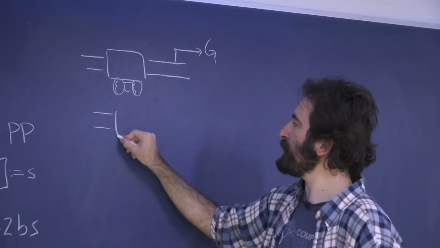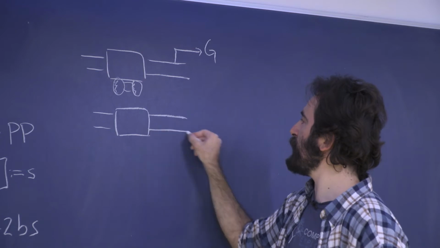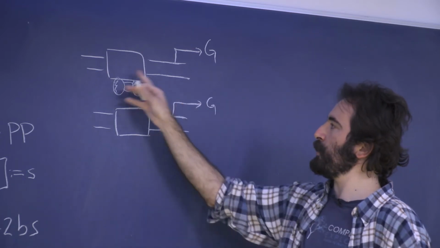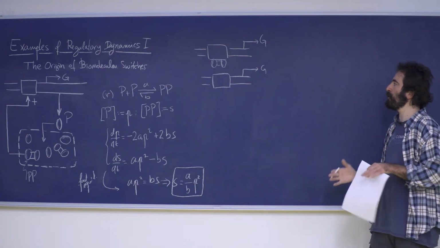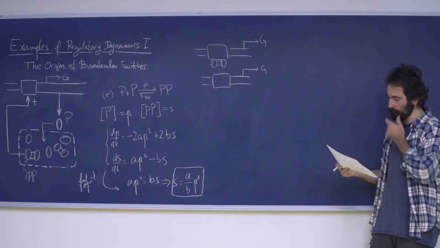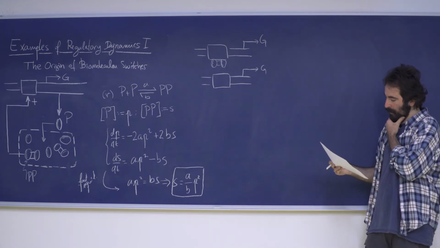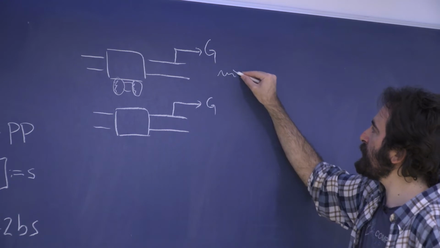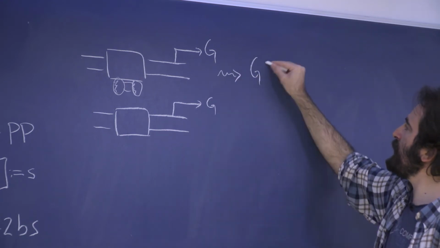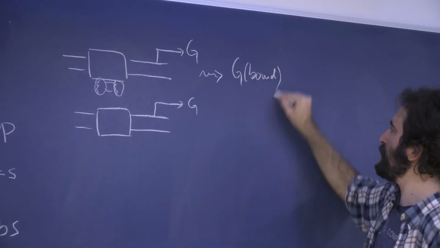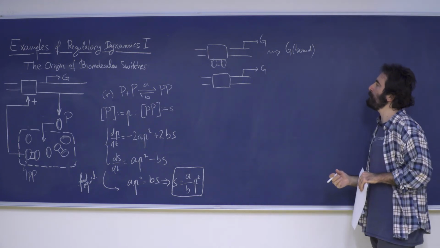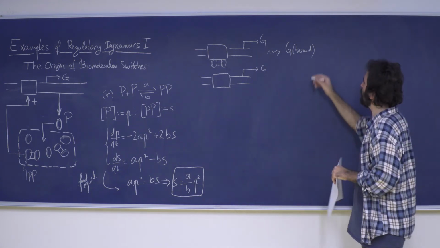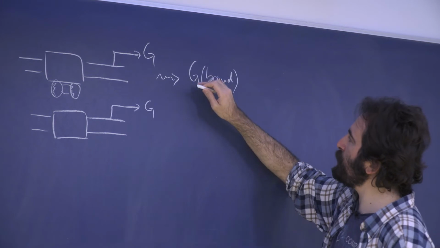And this is another type of situation that I could encounter in the system, where the gene is just not bound to any of these dimers, and therefore it's just not being expressed. In other words, we're going to say that the gene is bound to this dimer, and we're going to use a different notation.